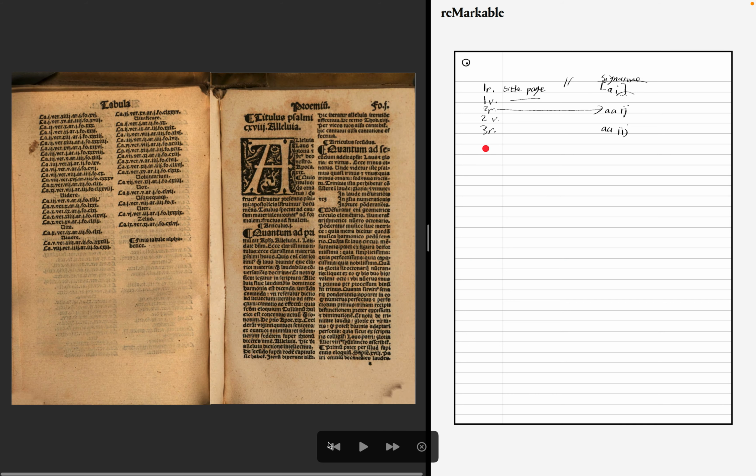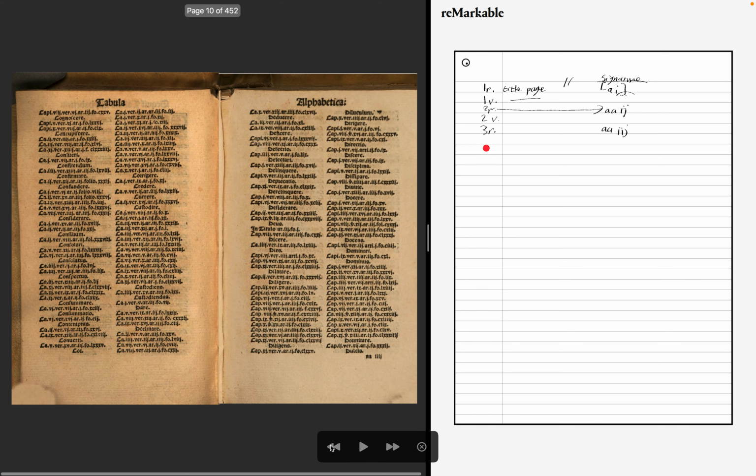Then we get to A. So we'll actually write all of these out. So 3 recto, and remember that this is one physical page, one physical page, one physical page. 3 verso, 3 recto, 3 verso.